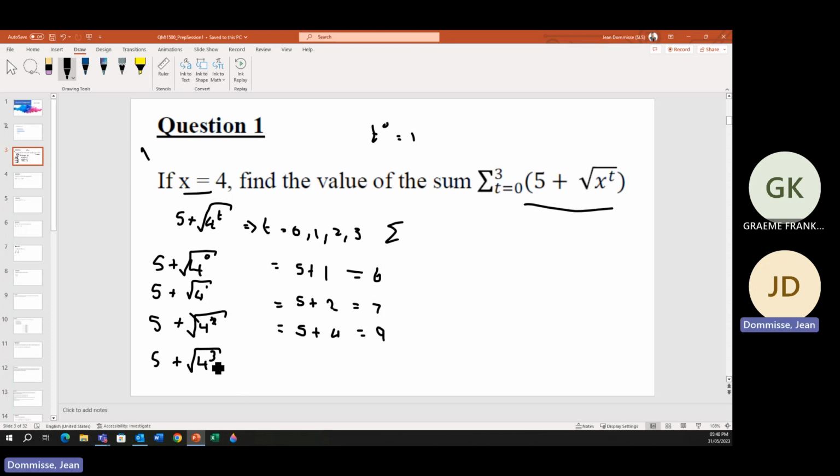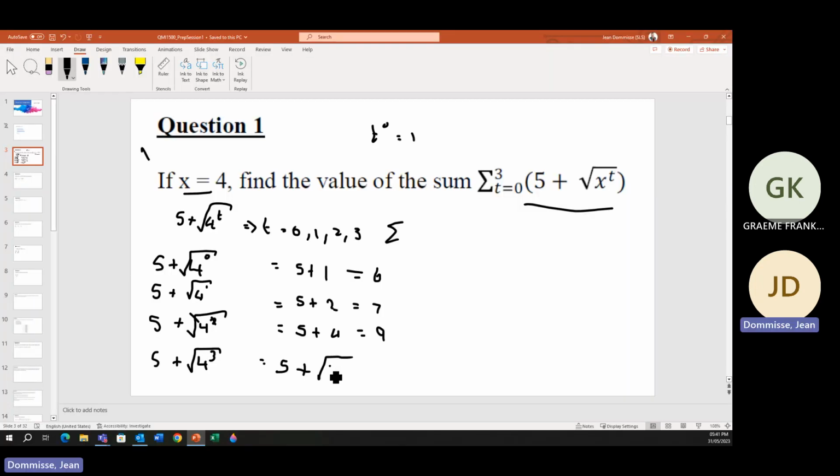So 4 to the power of 3 is 64. So it's 5 plus the square root of 64, which is actually 5 plus 8, which is 13.